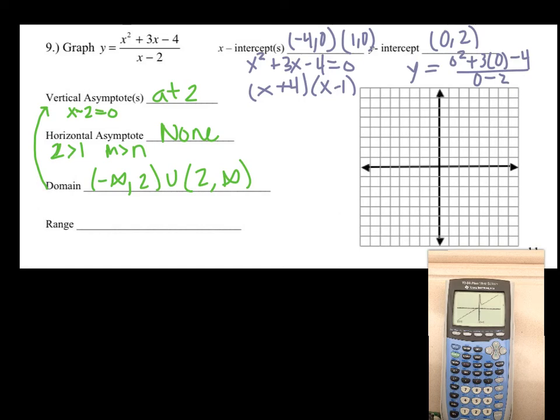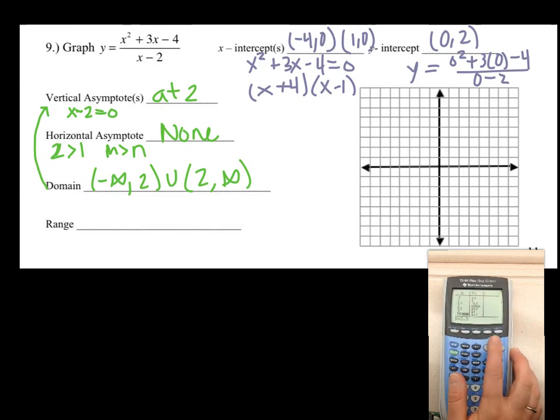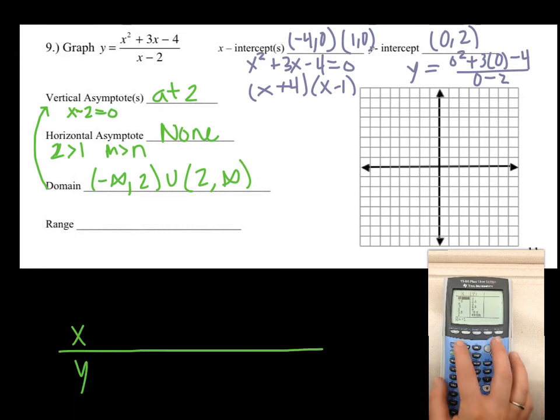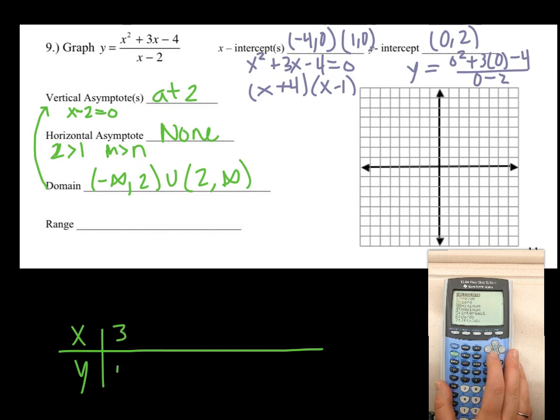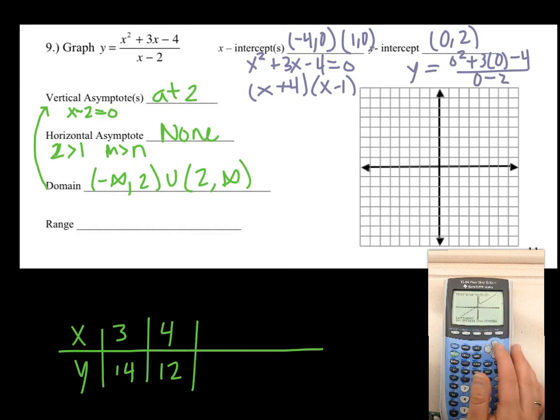So if we are trying to calculate the min and max, we can of course go to our table to get some points off of there. But if we're trying to find the min and max of each section so that we can find our range, we need to calculate that. So I'm going to do second, calculate. I'll do the max. So that's going to be the point of that bottom half first. And again, it'll ask for the left bound.